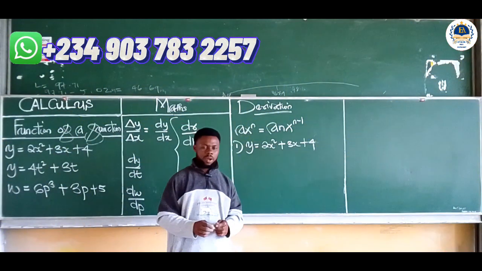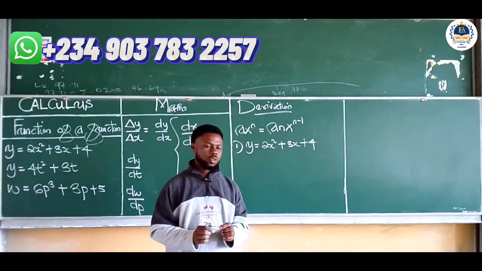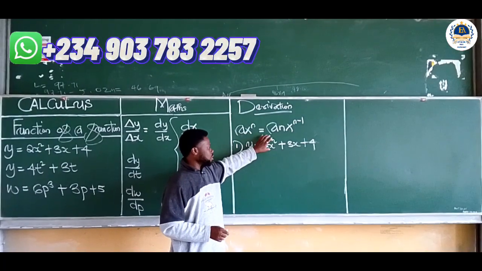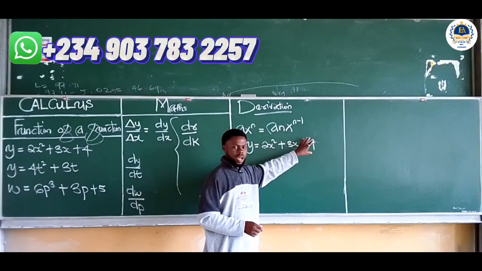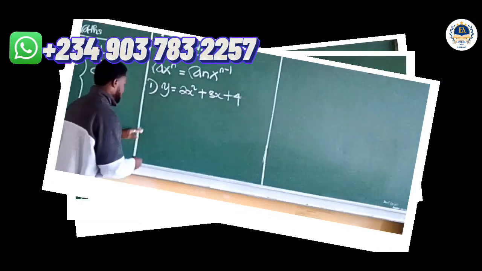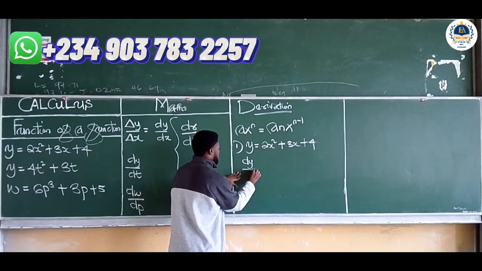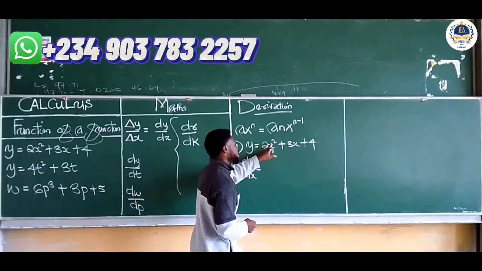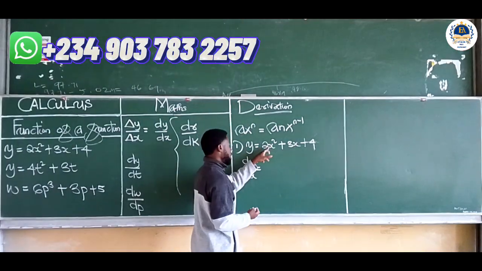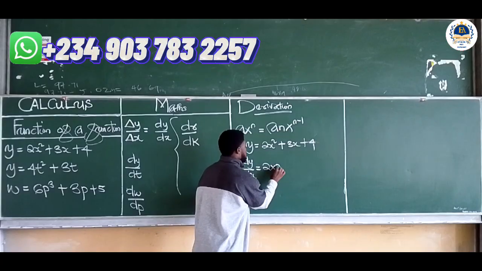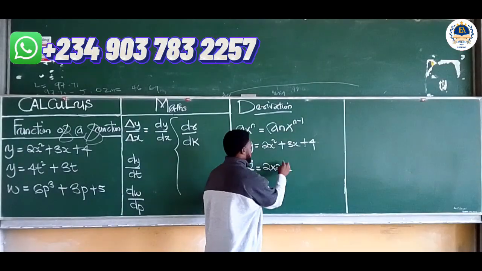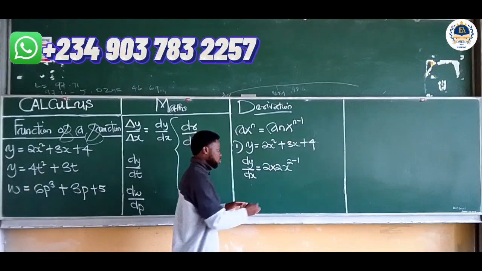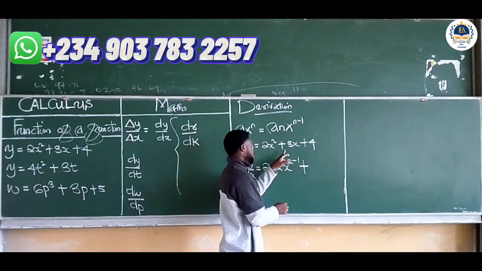In this case, we are going to apply the derivation formula to each of the respective terms on the board. You apply the formula to this term, and also to the last term on the board. That will give dy over dx will equal to multiply the power by the coefficient. 2 times 2, then x raised to the power of 2 minus 1, plus the same here.